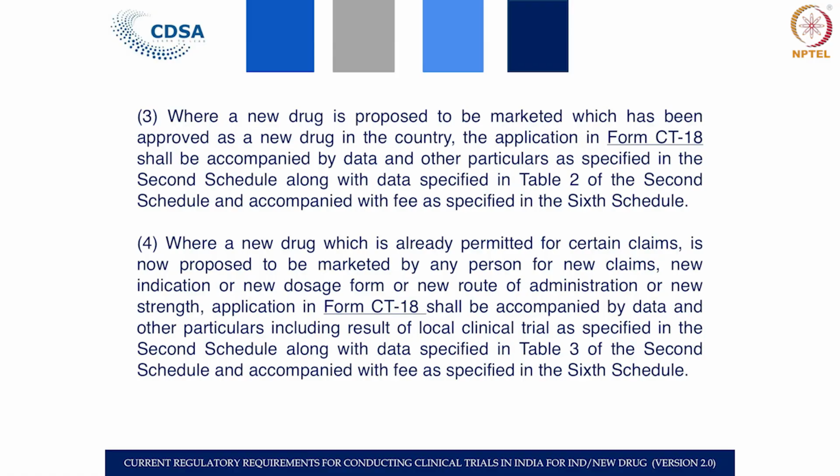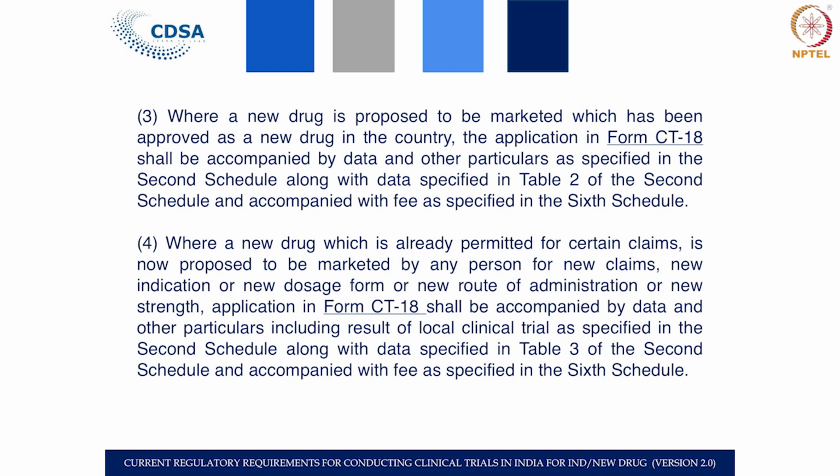It has been already approved in the country as a tablet, now you are proposing to manufacture it as a capsule or as an injectable form or any other form, or if it is a new route of administration or a new strength. So, you have manufactured 20 mg, 30 mg, now you propose to manufacture 50 mg. Whenever you change your strength, it is a new drug, and likewise a new route of administration. In that case also, as it attracts the definition of the new drug, the application will be accompanied by the data and other particulars including the result of the local clinical trial.